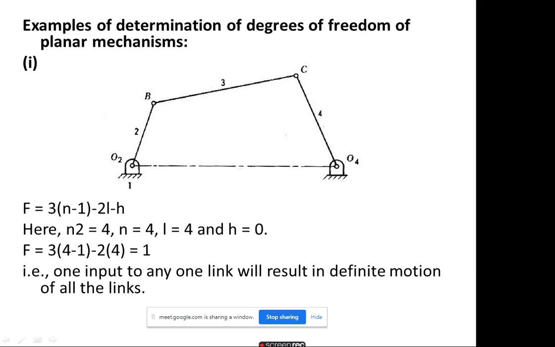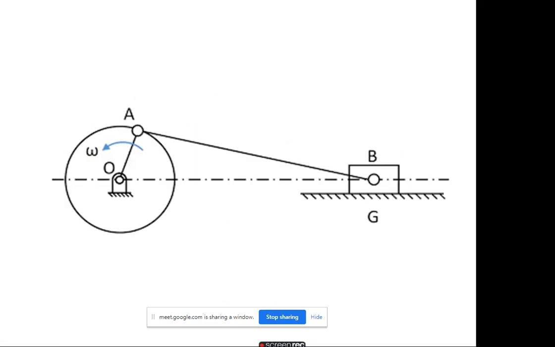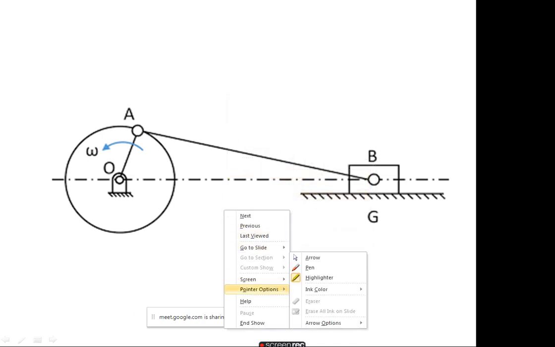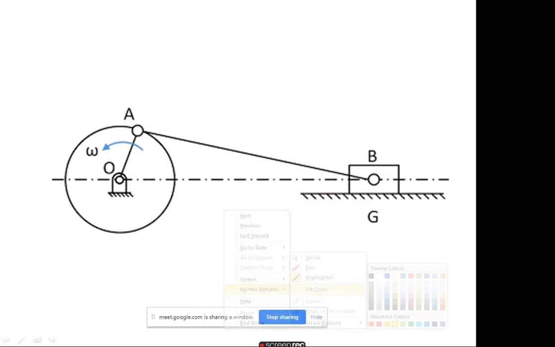In the same way you have to go for the slider crank mechanism, similar to the 4-bar mechanism. Here you have to count the number of links. This is the fixed one, take it as 1.